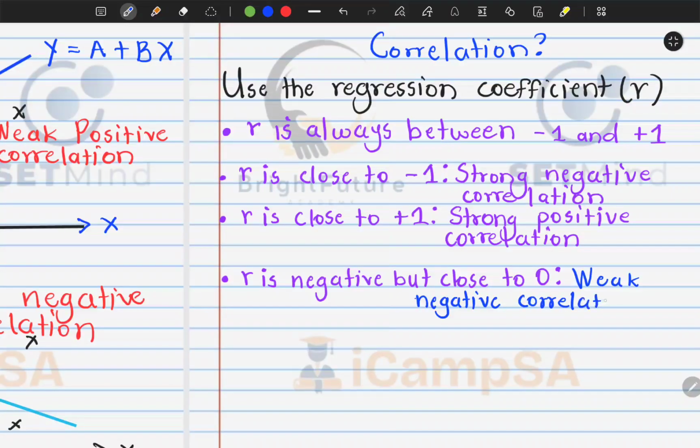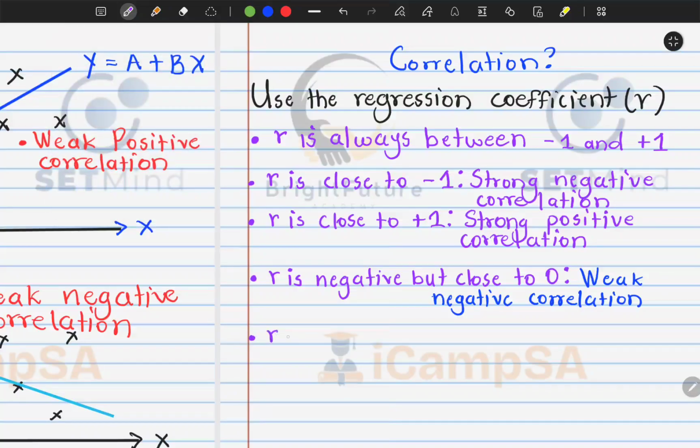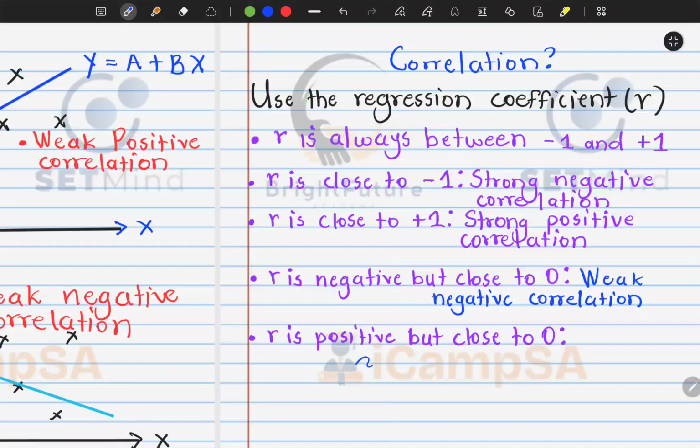Then let's have a look at another case where R is positive but close to 0. If that is the case, we know we have a weak correlation, but because R is positive, we have a weak positive correlation.